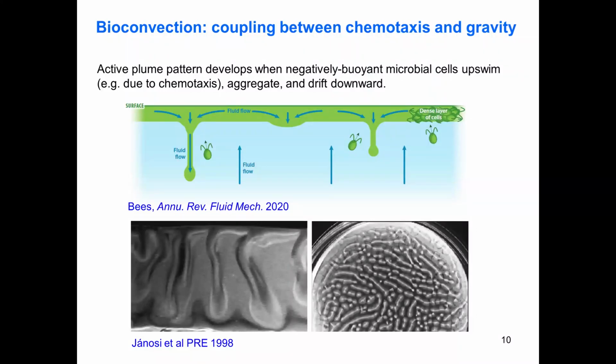The principle behind this bioconvection process is that bacteria tend to migrate upward to see the oxygen gradient, and when they accumulate near the top of a fluid film, their negative buoyancy would trigger an overturning instability, and they would sediment and drift downward.